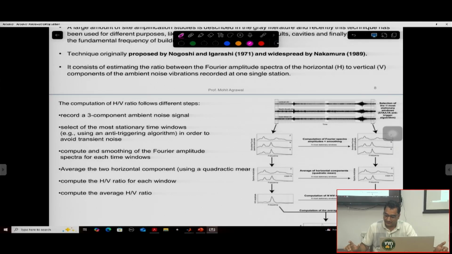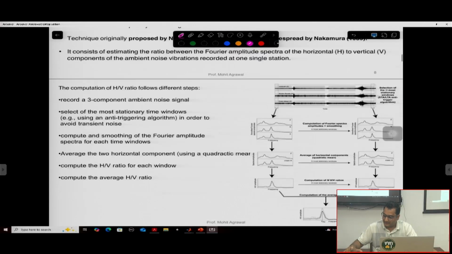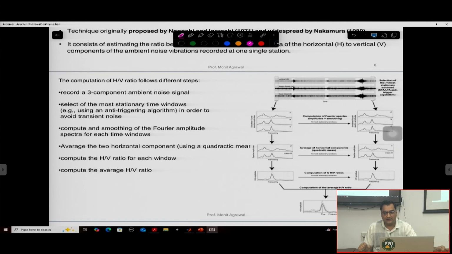Even before that, you would like to use the anti-triggering algorithm in order to remove any transient noise related to short bursts or spikes or other unwanted signal that is not stable. Thereafter you can simply divide the horizontal component by the vertical component, and that will be the indicator of the amplification factor at that particular soil site.